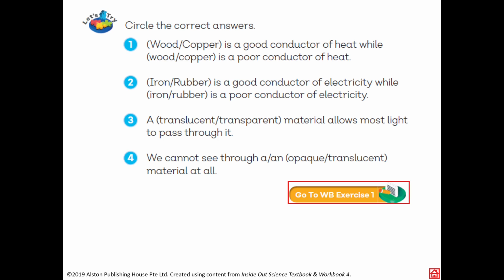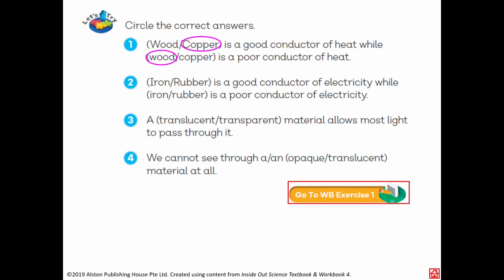What is your answer? A good conductor of heat is copper because copper is a metal, while a poor conductor of heat is wood. Remember, wood is a heat insulator.